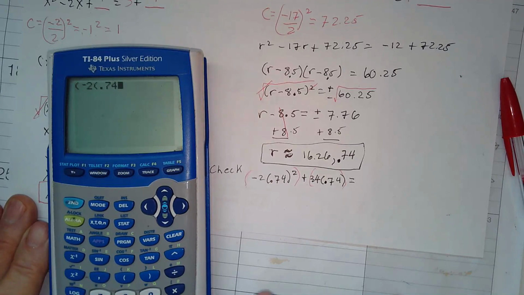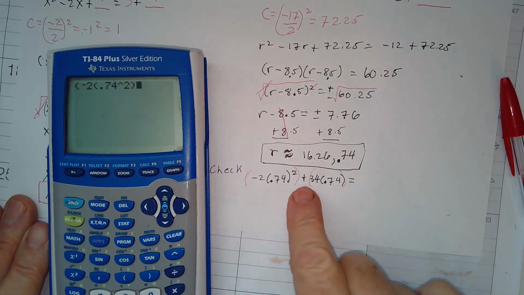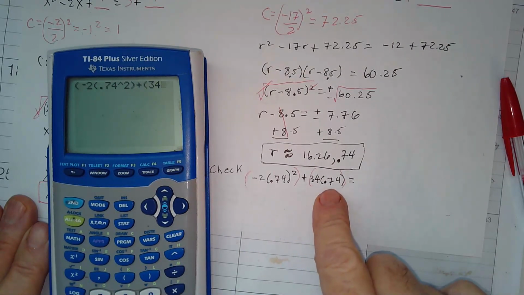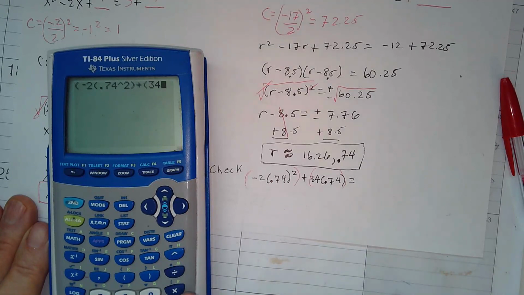Now I want to square that, so I put the caret and 2. I close that parentheses, then put a plus sign, then another parentheses, 34 times 0.74, close the parentheses, and hit enter.